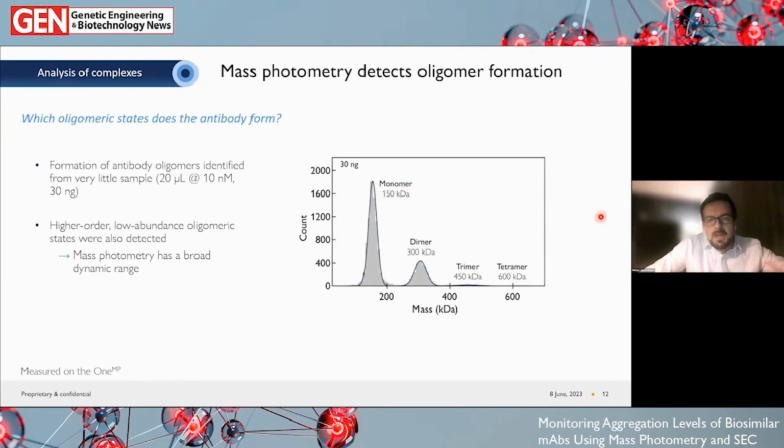Even though there are many more monomeric species in the sample, because of the broad dynamic range, we can still detect those species that have a lower abundance, such as the tetramer. The monomer is approaching approximately 2,000 counts, and there are only a small number of counts of the tetramer, but nevertheless, we can still detect both.